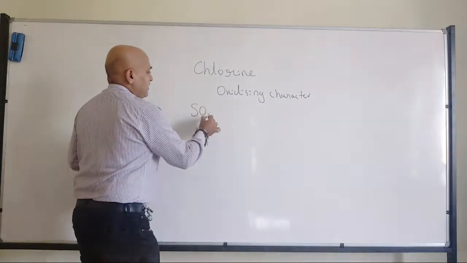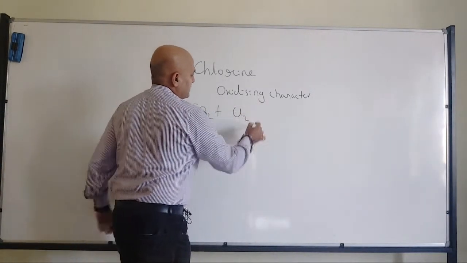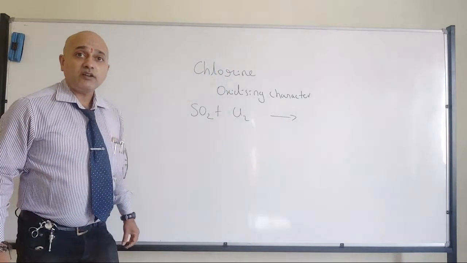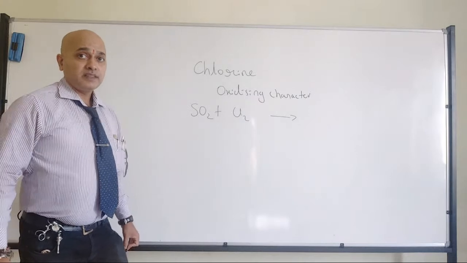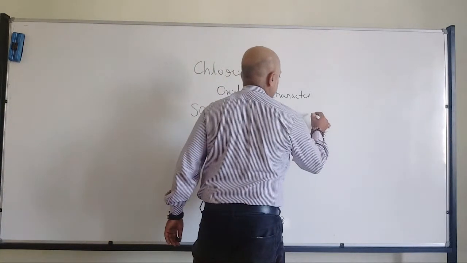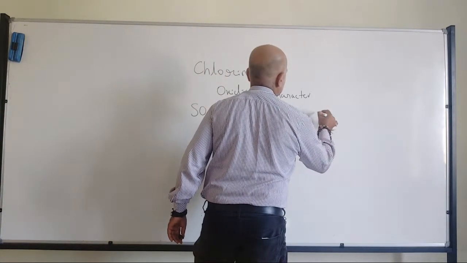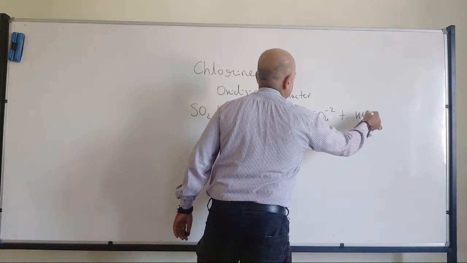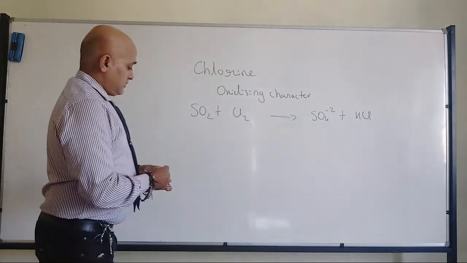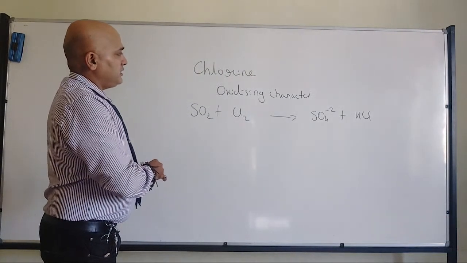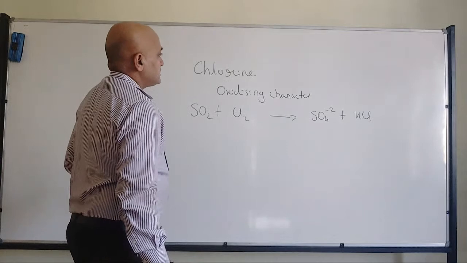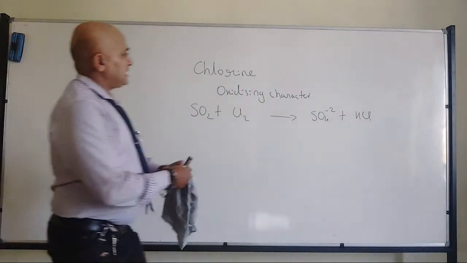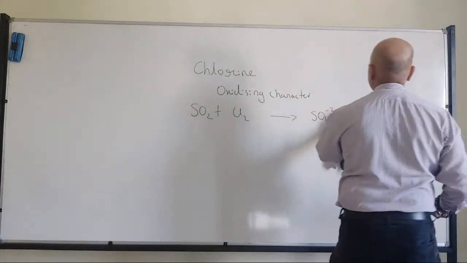Now sulfur dioxide, in the presence of chlorine, it will oxidize sulfur dioxide to sulfate. So SO4 minus 2 plus HCl. If I want to go with ionic equation, then I should not write H, because on left hand side H is not there.